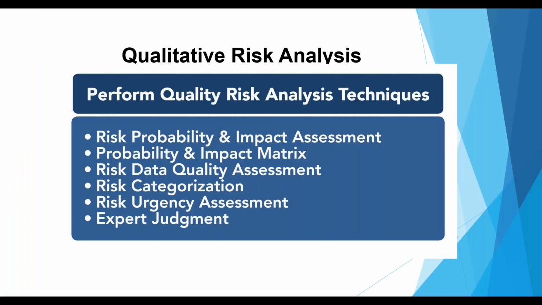Next slide, please. As you can see in the slide, there are certain qualitative risk analysis techniques available and recommended in the project risk management guideline. This qualitative risk analysis process will assess and evaluate the characteristics of individually identified project risks, and it should also prioritize risks based on agreed upon characteristics and the nature of the risk.